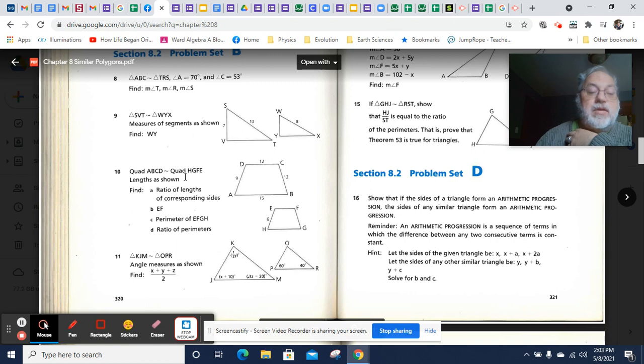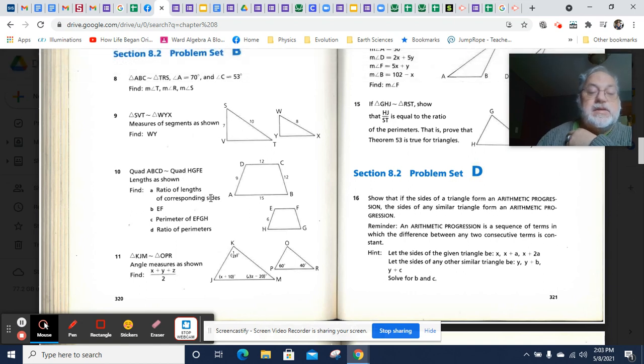In this quadrilateral, we want to find the ratio of the lengths of the corresponding sides here and here. We know the quadrilaterals are similar, and we've been given it as A, B, C, D, and H, G, F, E. So we know that H and A correspond, G and B correspond, F and C, and E and D. And so the sides that are in between them also correspond.